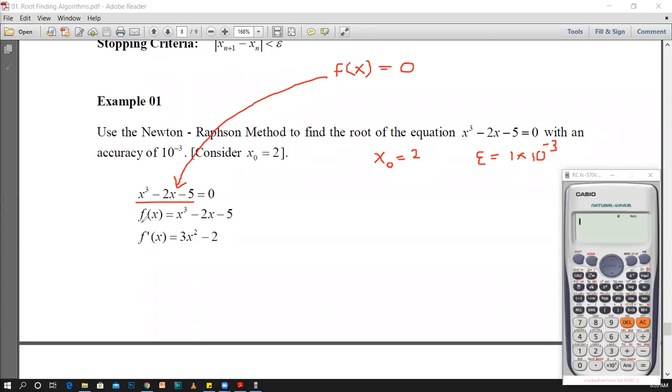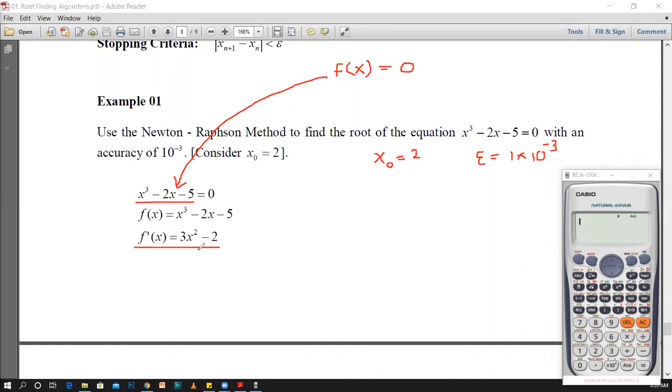Once you know the function f(x), you can take the first derivative of f(x) and call it f dash x. Therefore, the derivative of f(x) is 3x squared minus 2.